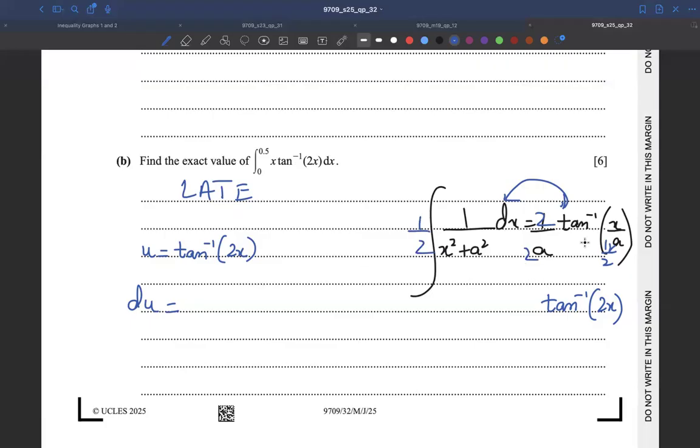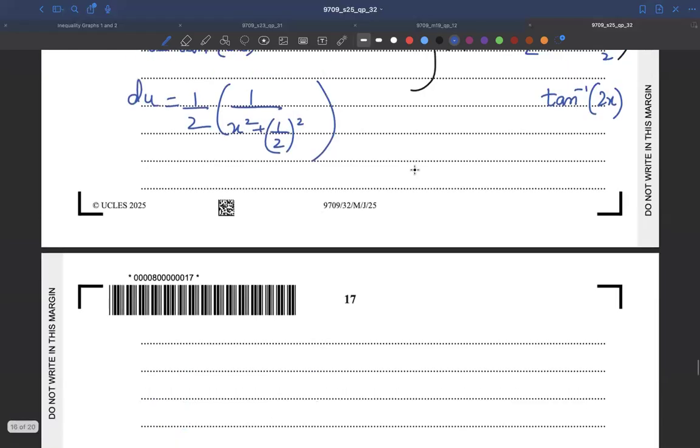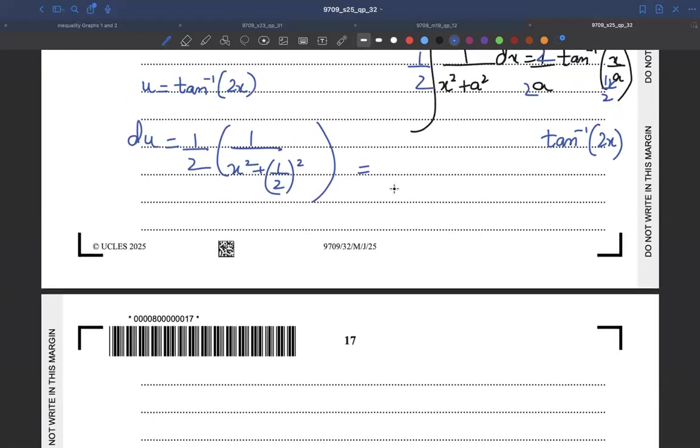So the derivative of tan inverse of 2x would become 1 upon 2 into 1 upon x squared plus the value of a, which is 1 upon 2, so x squared plus 1 upon 2 whole squared. Now simplifying this first, because otherwise it will get a bit tricky. We'll get du is equal to 1 upon 2 into 1 upon x squared plus 1 upon 4.